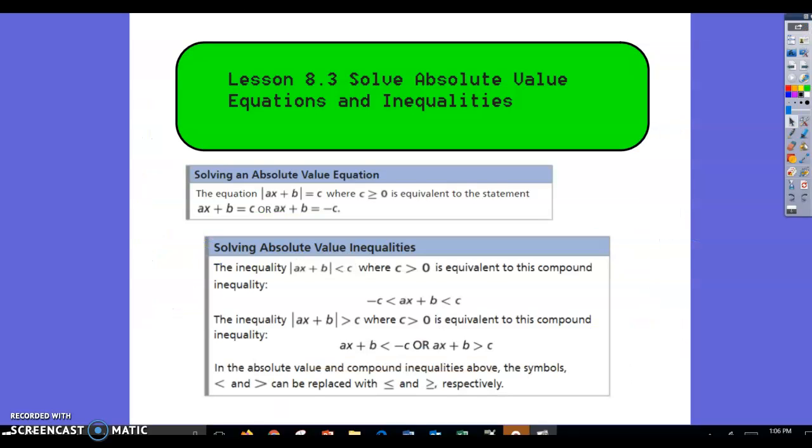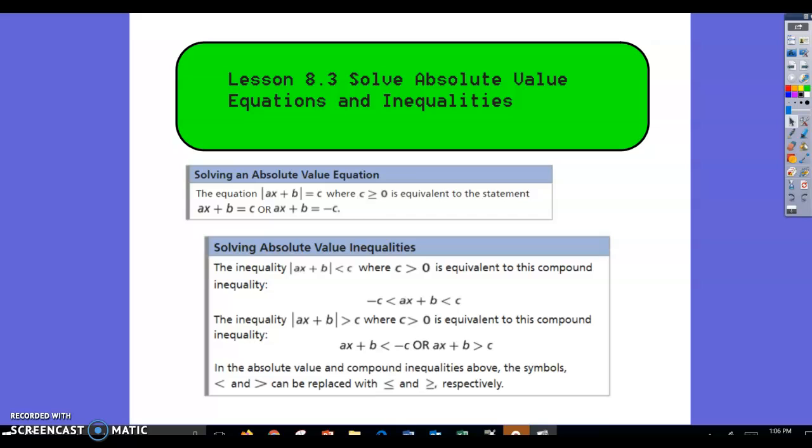All right, lesson 8.3, we're going to solve a few equations just so you can see the steps to go through. Remember, when solving an absolute value equation, once you have the absolute value isolated and the equation equals c, you set it up as equal to c or negative c. That's how you get your two solutions.